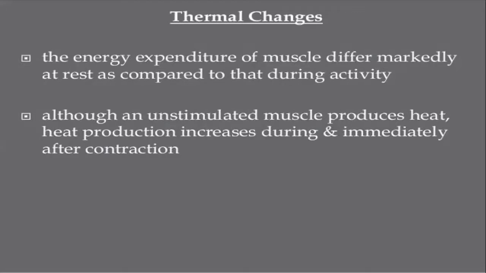The overall mechanical efficiency of skeletal muscle ranges up to 50% while lifting a weight during isotonic contraction, and it is 0% during isometric contraction.